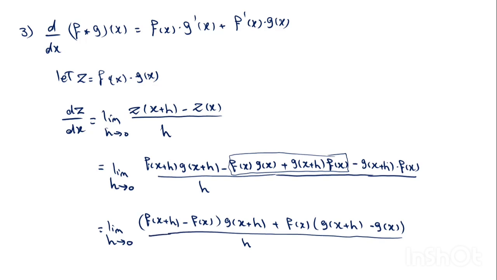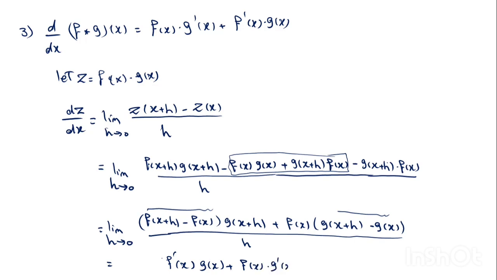This is equal to g of x, and this is equal to f derivative of x by definition. This is equal to f of x. This is equal to g derivative of x. So we have this product rule.